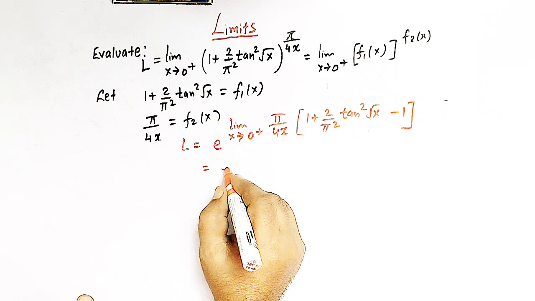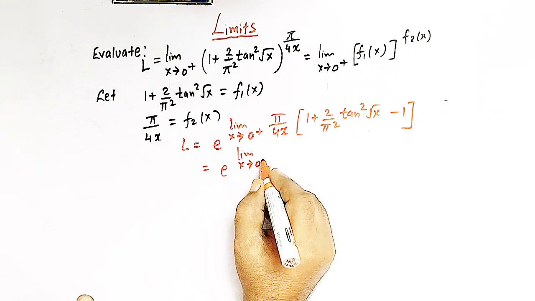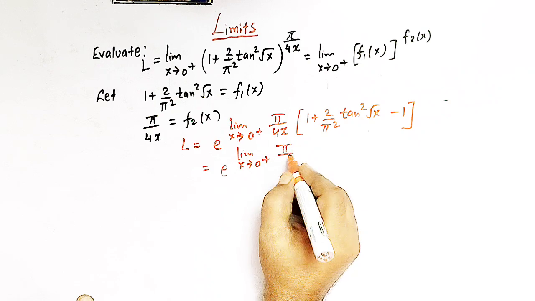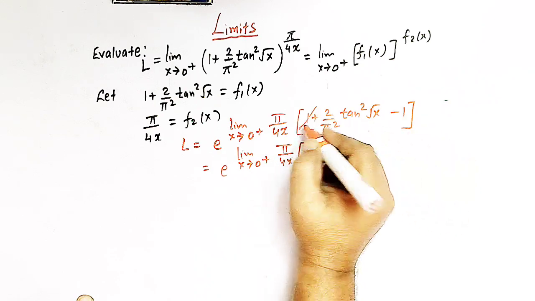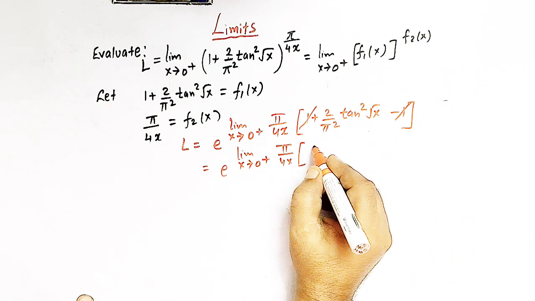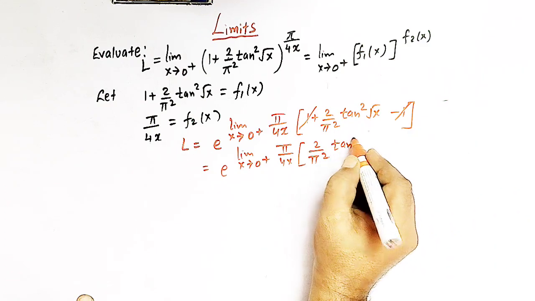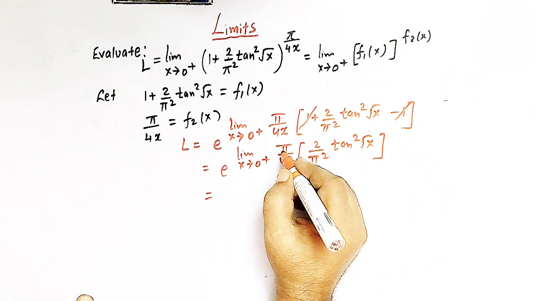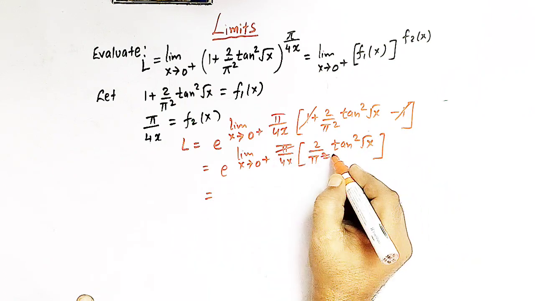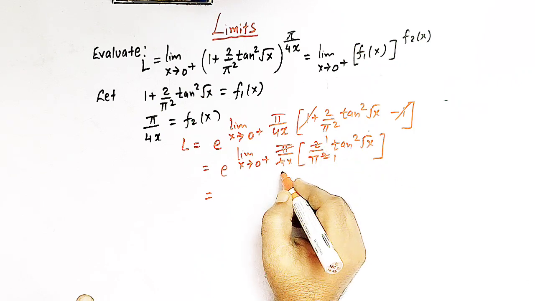So now we have e raised to the limit x tends to 0 positive, pi over 4x, and now we can cancel this one with this one, so we have 2 over pi square tan square root of x. Now this pi and this pi get cancelled, and here we have 1, here we have 2.